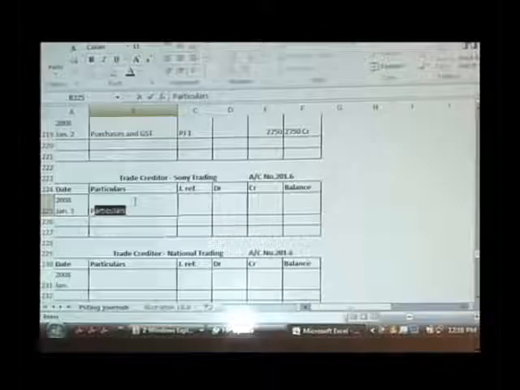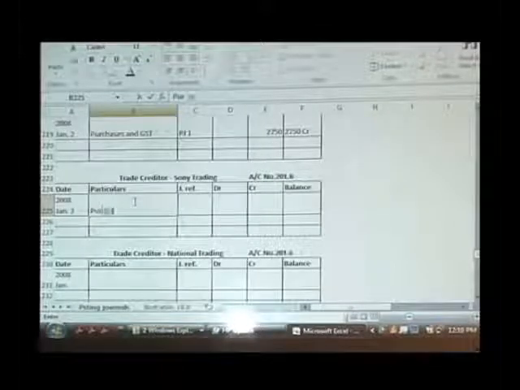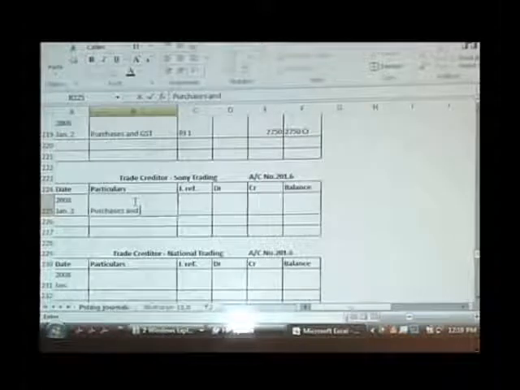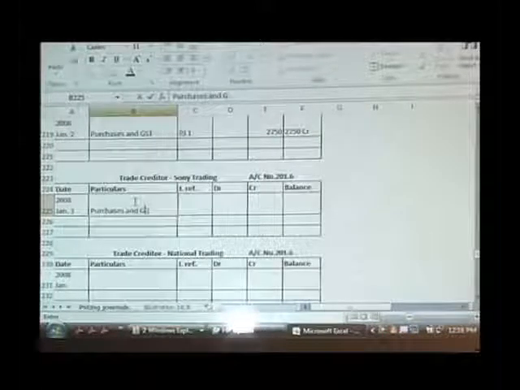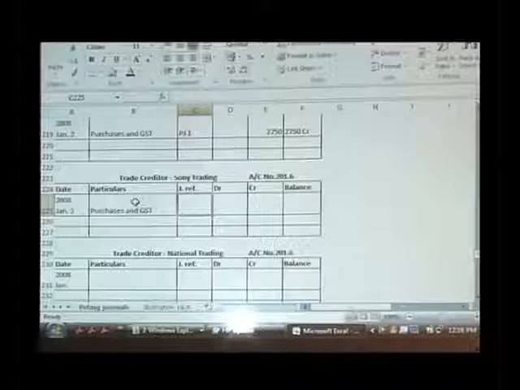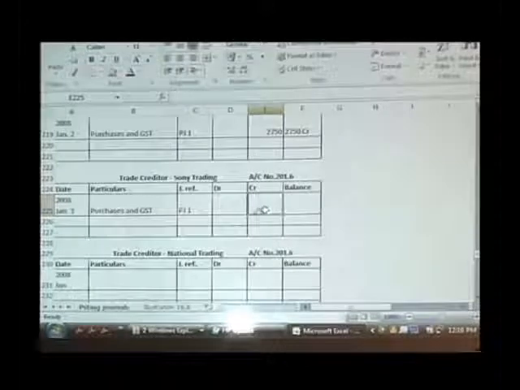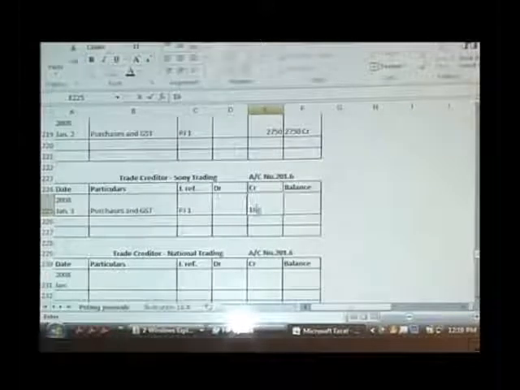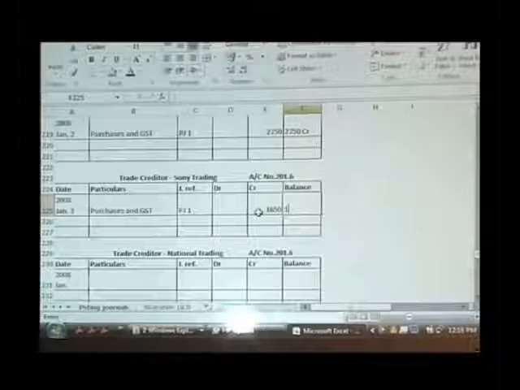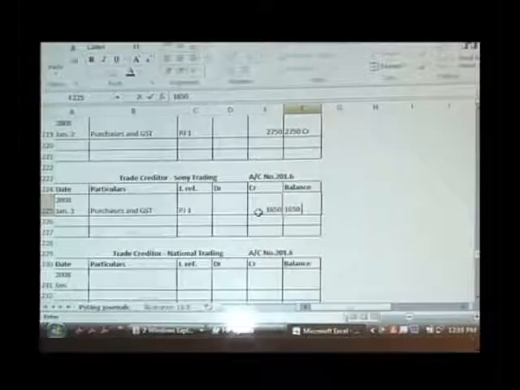Purchases and GST, PJ1, the amount is 1,650 here. Credit.